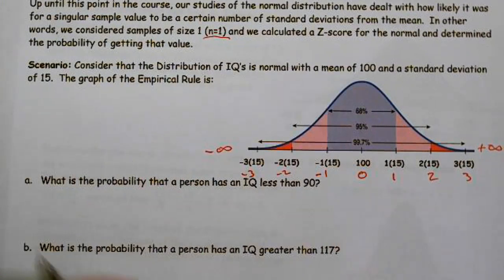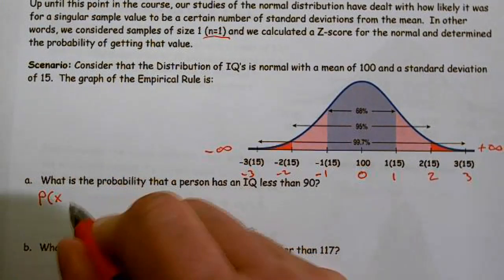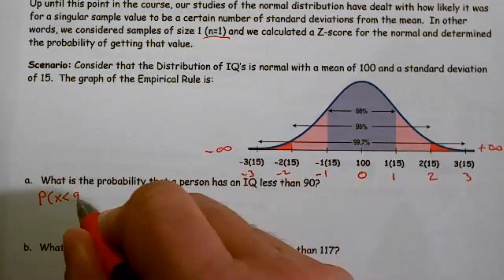So we would say, all right, what is the probability that X is less than 90?